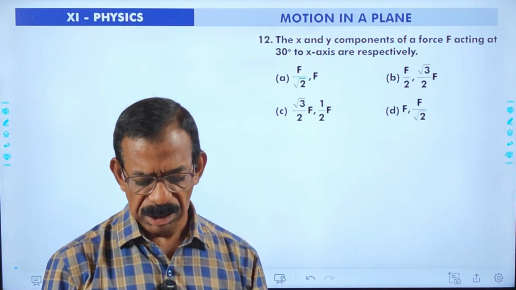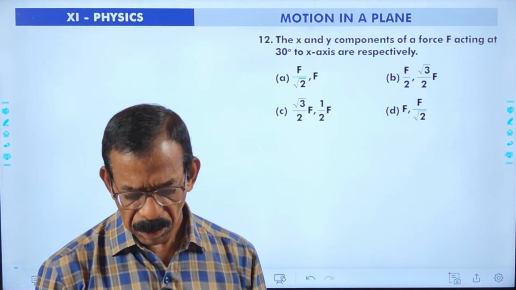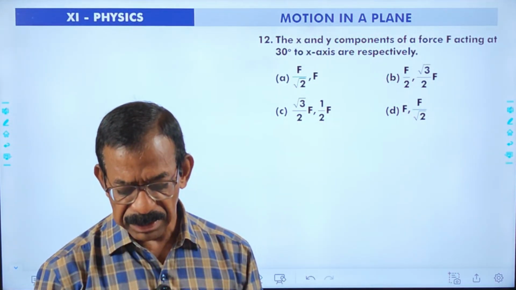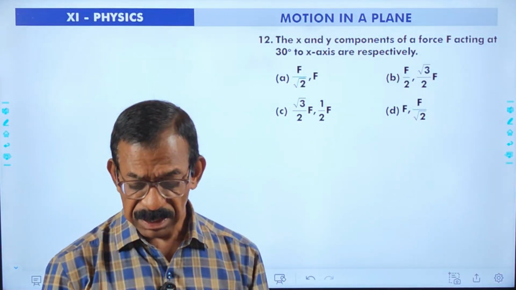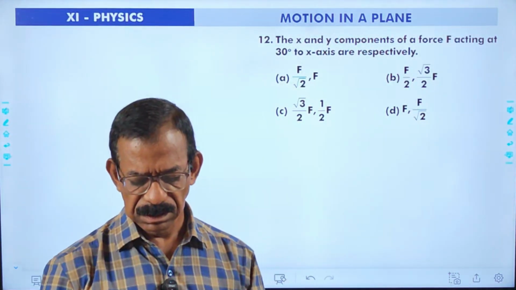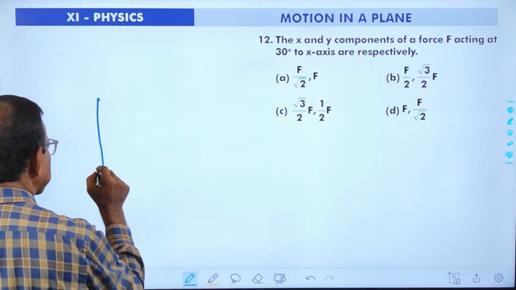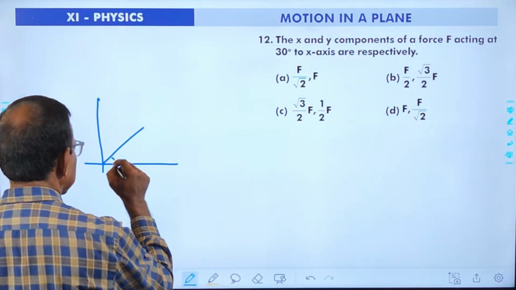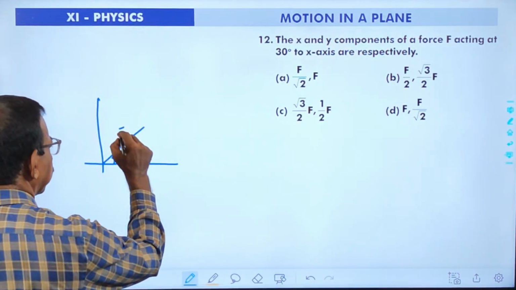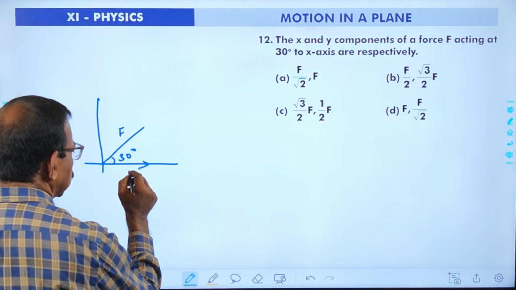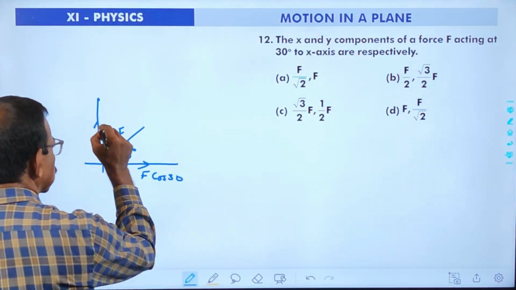Next question is question number 12. X and y components of a force F acting at 30 degree to the x-axis respectively. Here 30 degree with the x-axis, then the x and y components. So we may represent a vector at 30 degree to x-axis. Vector may be F. Now here this component is F cos 30, horizontal component.